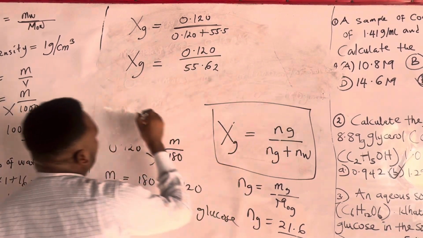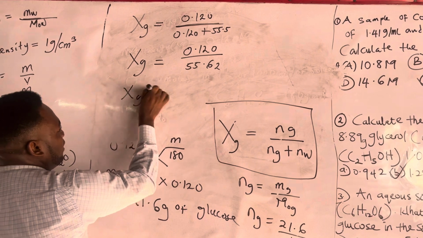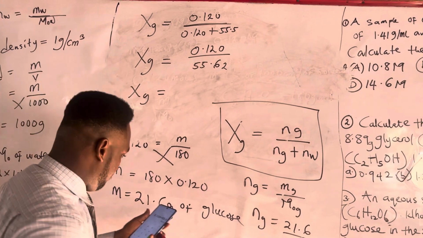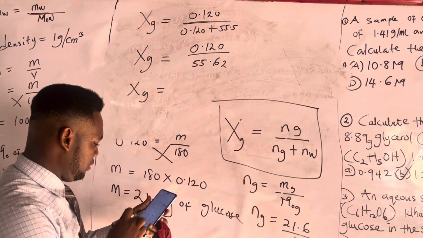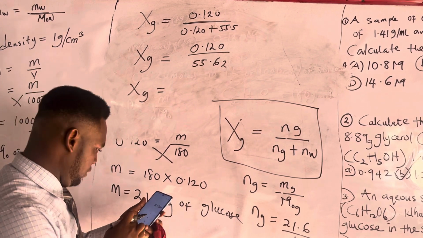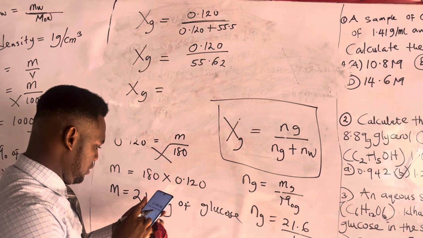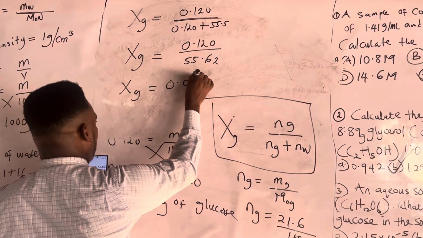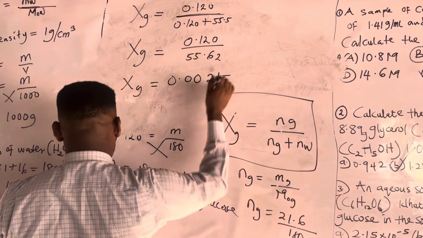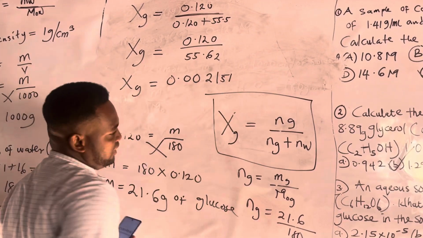You can as well grab your own calculator to check the final answer. So mole fraction of glucose will now be, we have it as 0.00215. So this is our mole fraction.